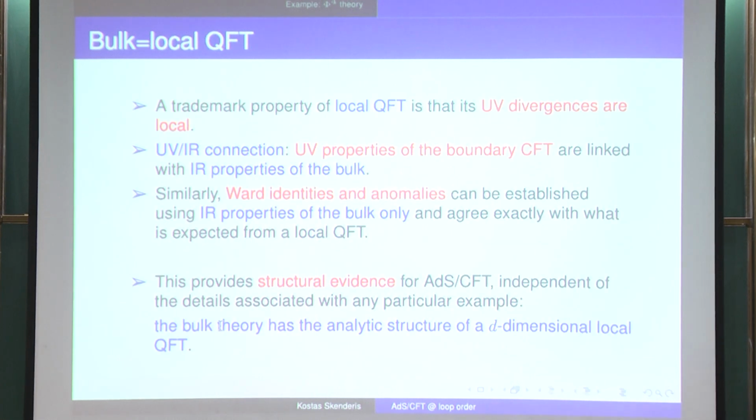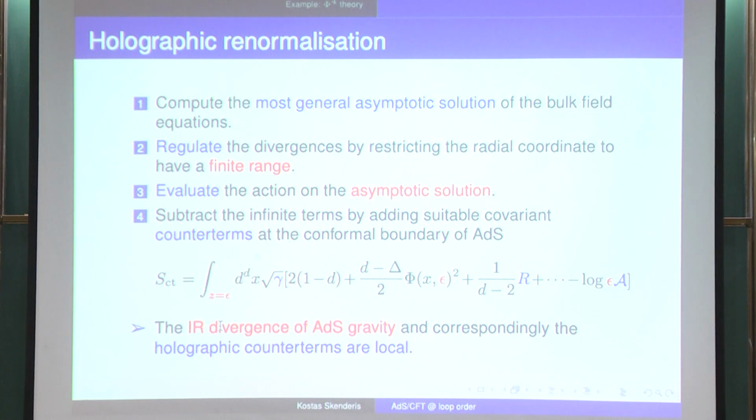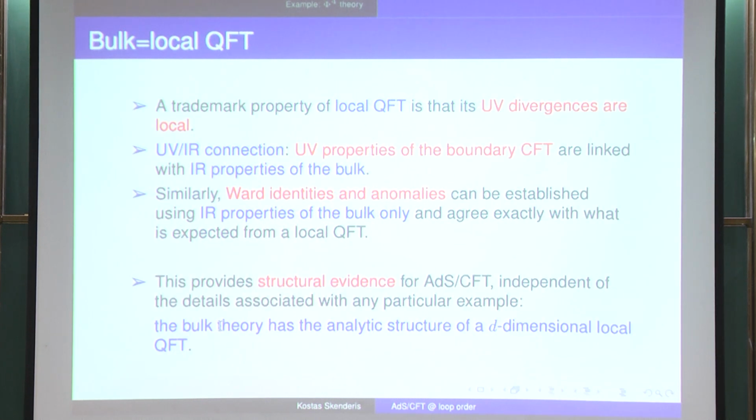So the previous slide: we arrived at the conclusion that the counterterms are local. Local quantum field theories have the property that their infinities are local. A generic quantum system, which is not a local quantum field theory, is not going to have this property. You can, say, start with a spin system where you have correlations not just between nearest neighbors but to all orders, and then go to the continuum limit.